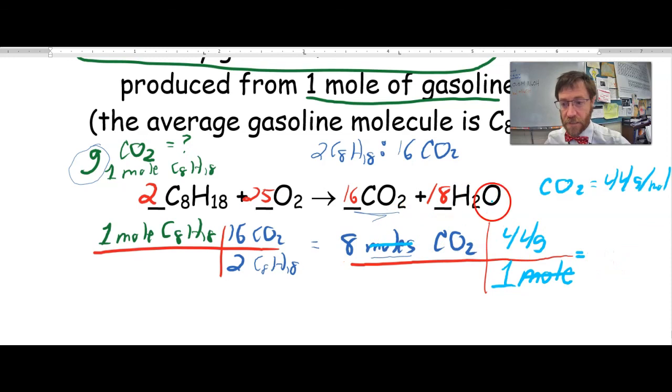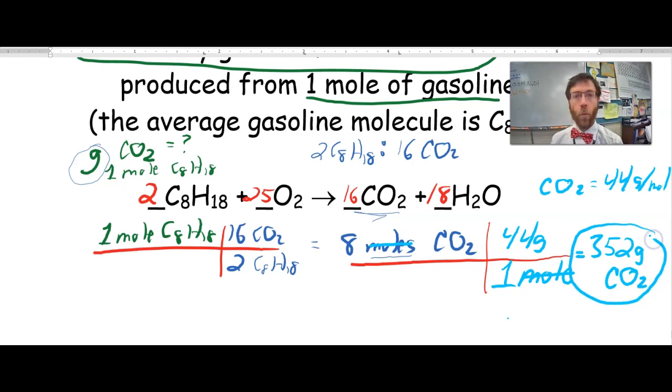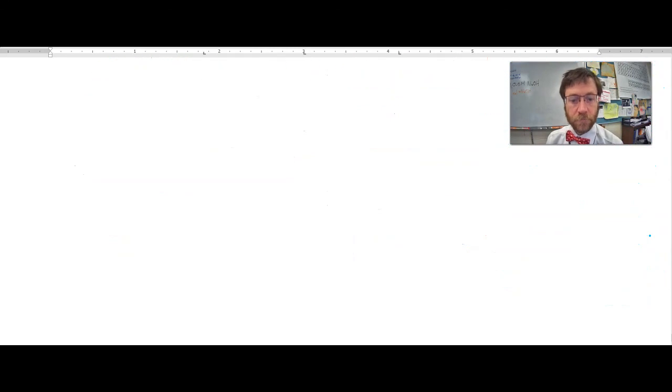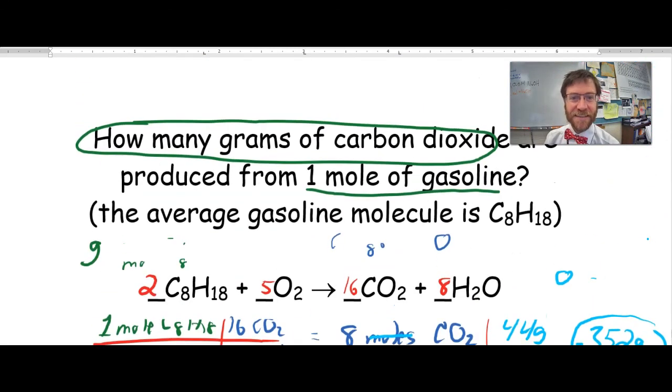The math is going to be 8 times 44 divided by 1 equals 352 grams of CO2 from 1 mole of gasoline. Doesn't seem like a problem.